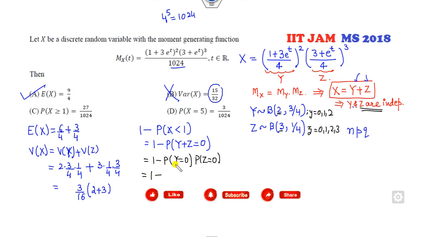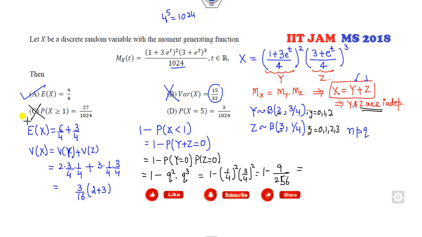It's binomial: 2C0 is 1, p raised to power 0, q raised to power 2. For this case 3C0 is 1, p to the 0, q raised to power 3. This q is for here. So this is 1 over 4 squared and this is 3 over 4 cubed. So what is that? 1 minus 9 over 16 into 16, that is 256. So it clearly says that it will not be 27 over 1024. This option is cancelled.